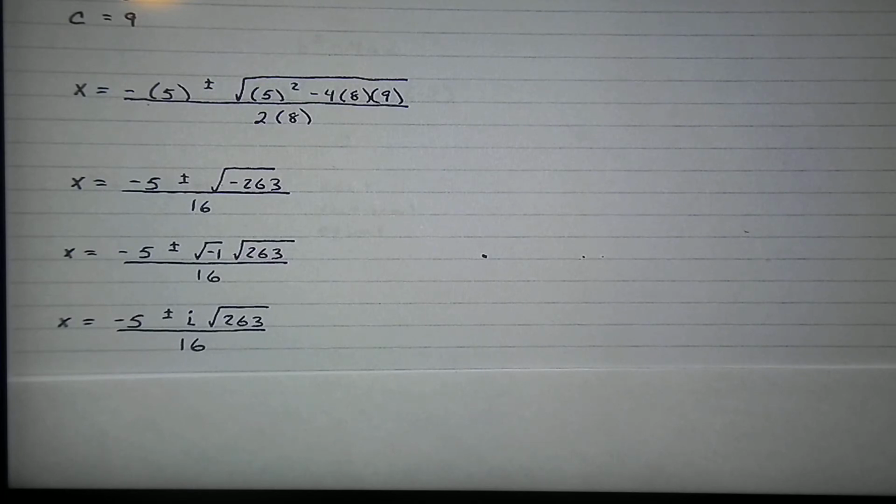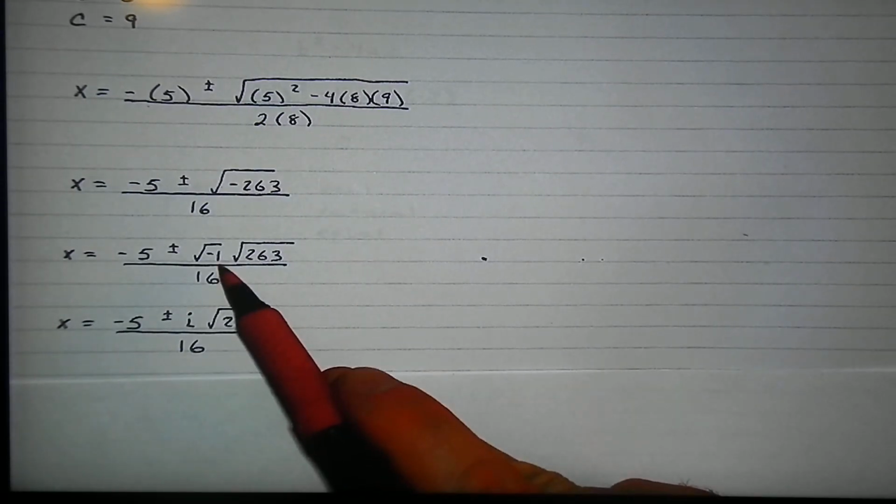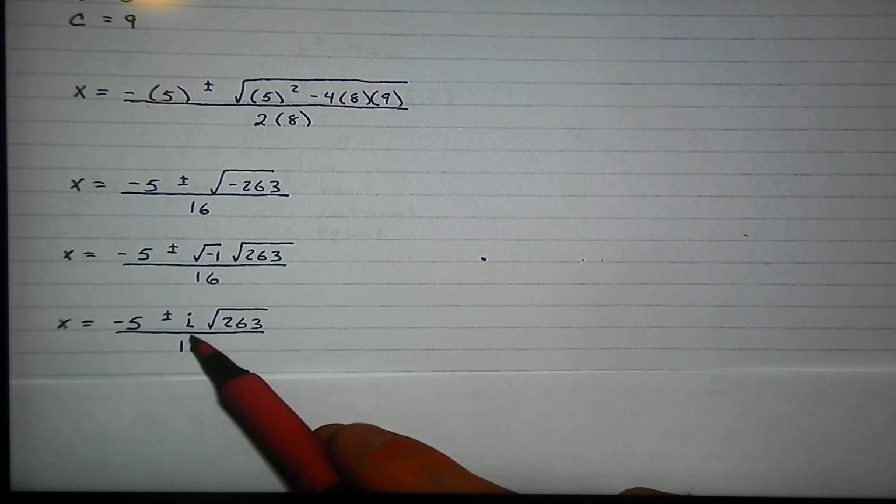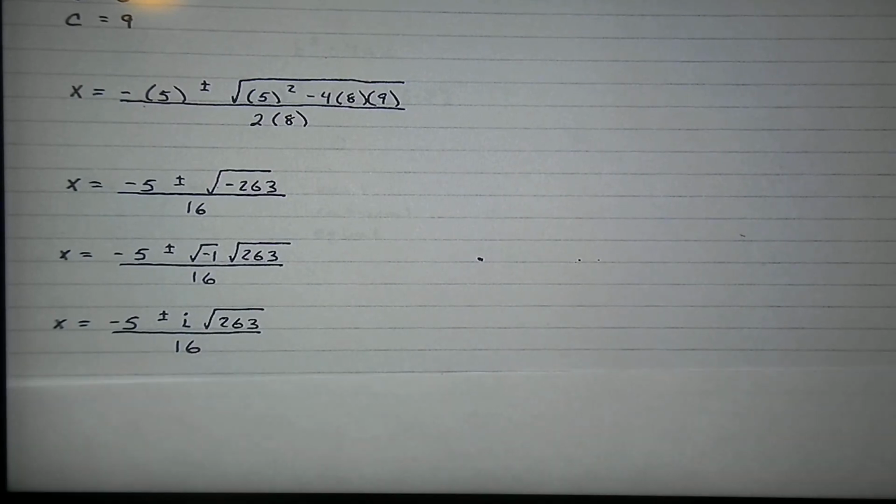In the end, I couldn't find a perfect square factor to factor out of the 263. I was, however, able to rewrite my square root of -1 as i. We end up with x equals -5 plus or minus i times the square root of 263 over 16.